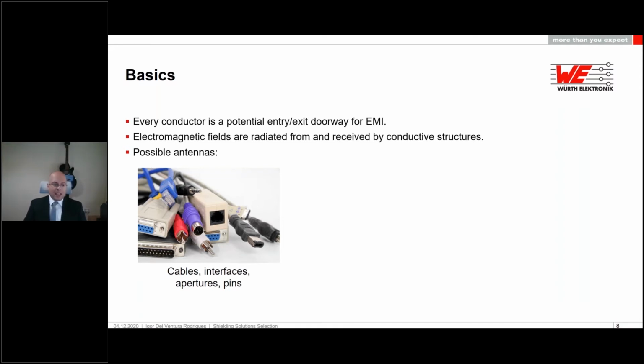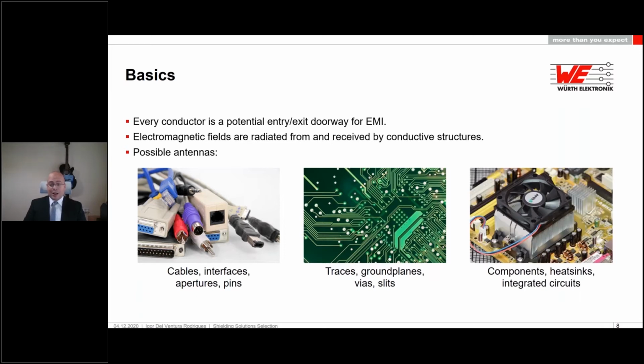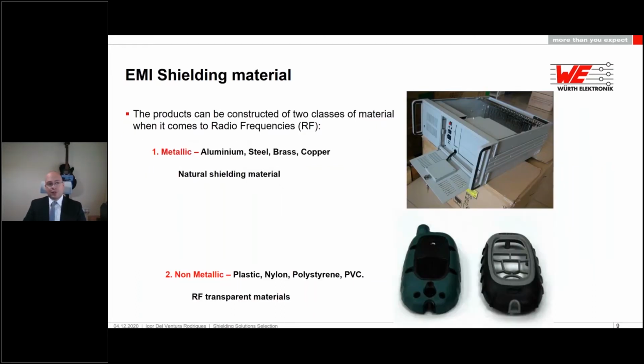For example, cables, interfaces, apertures, pins, traces, ground planes, vias, slits, components in general, heat sinks, ICs. So we have to consider all of these as possible candidates for interference coming in or out of your device.